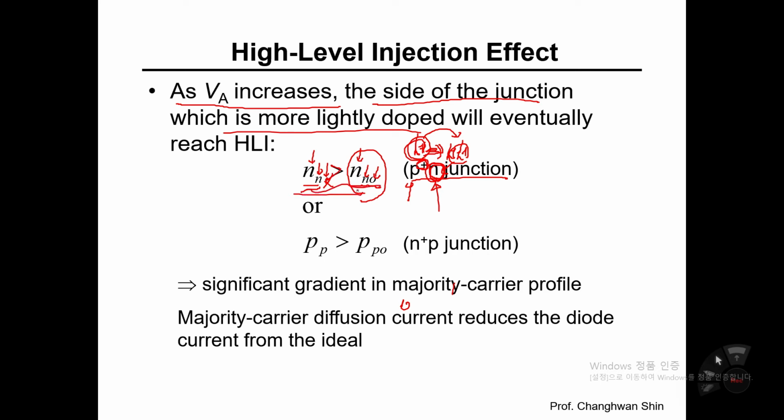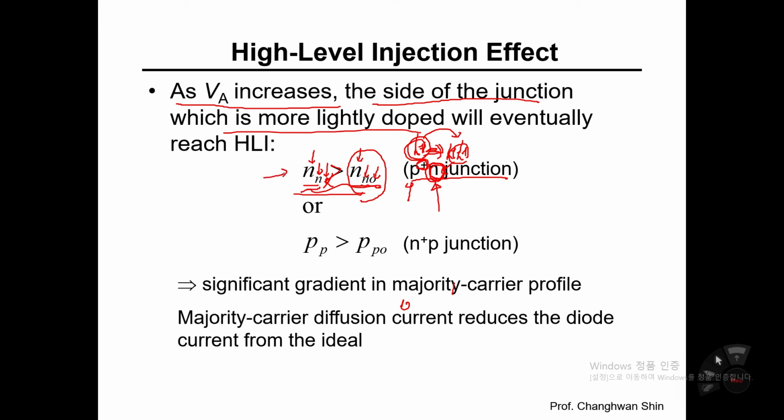Going back to the basic assumption of low-level injection, I said the majority carrier concentration has not been significantly affected because of the injected carriers, but the minority carrier concentration is significantly affected. That is the basic concept of low level injection.